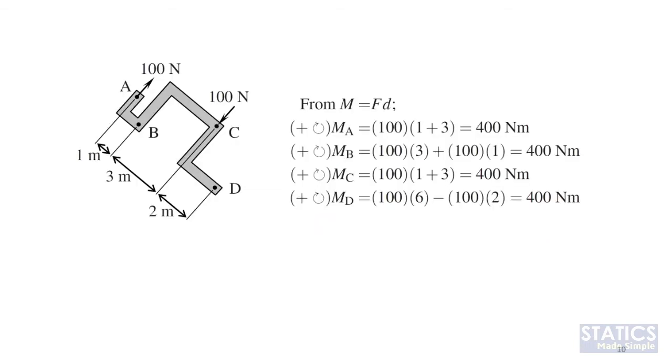So if we look at one example, we have this as our rigid body, and let's say we have 100 Newton force being applied at A and another 100 Newton force being applied at C. Both of them are along parallel lines of action.